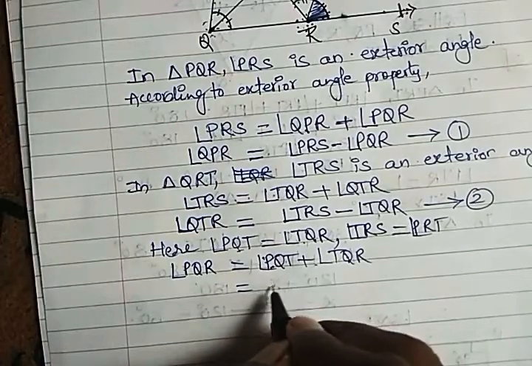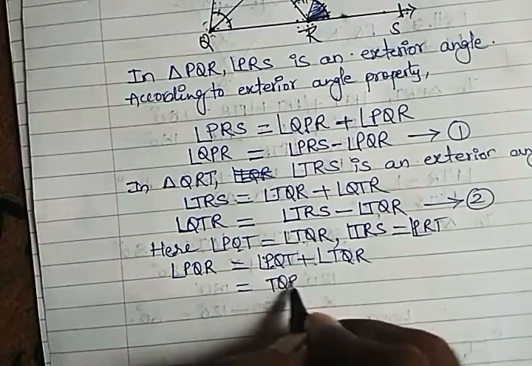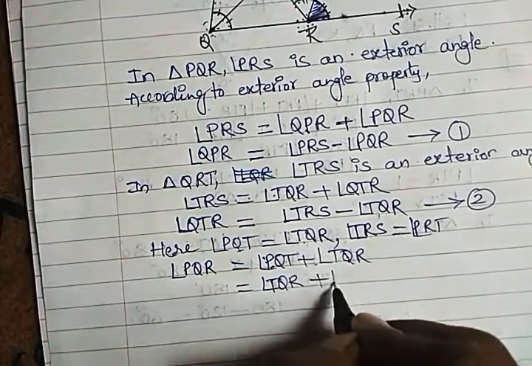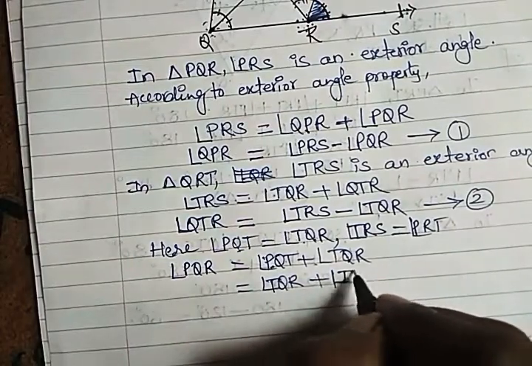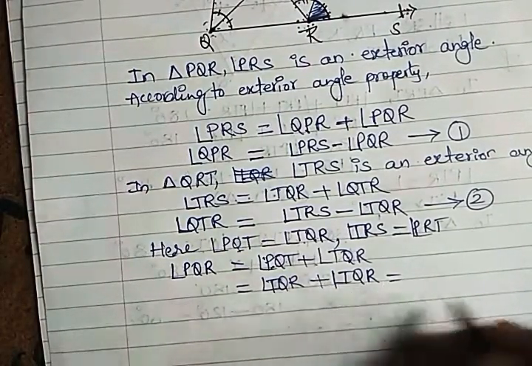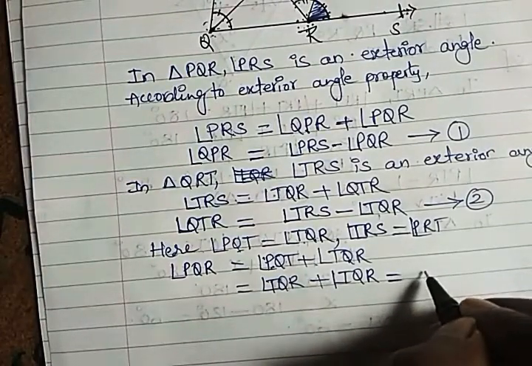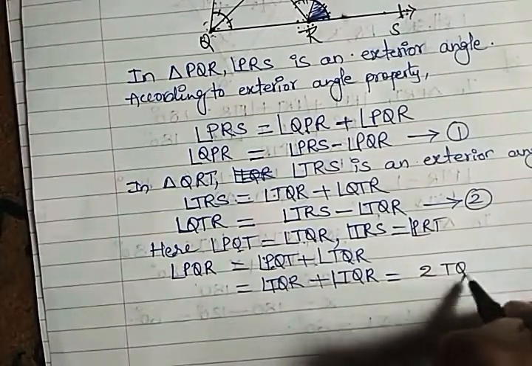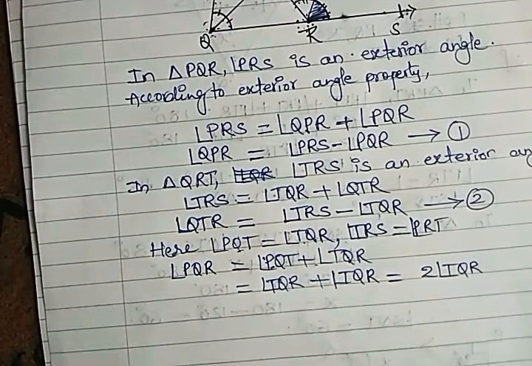We'll write TQR plus TQR. These two are the same values, so it becomes 2TQR. Okay, this becomes 2TQR.